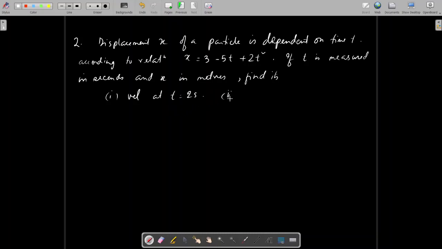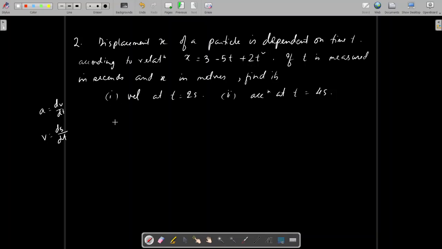And number 2, acceleration at t is equal to 4 seconds. So we have already got some idea: acceleration is dv by dt, and velocity is ds by dt, where s is your displacement and v is your velocity. So again displacement is given in terms of t.